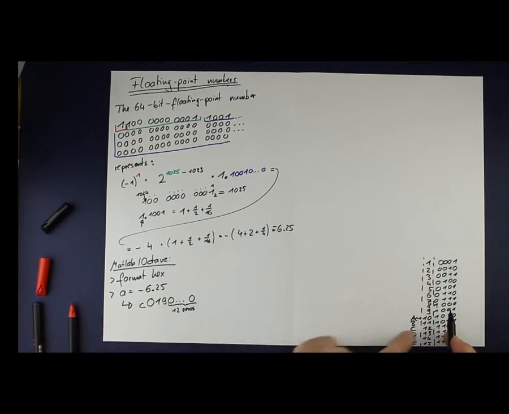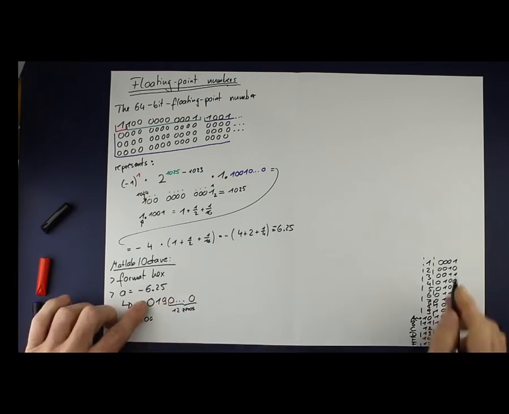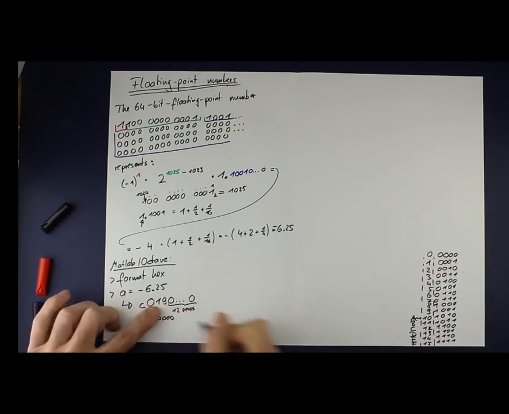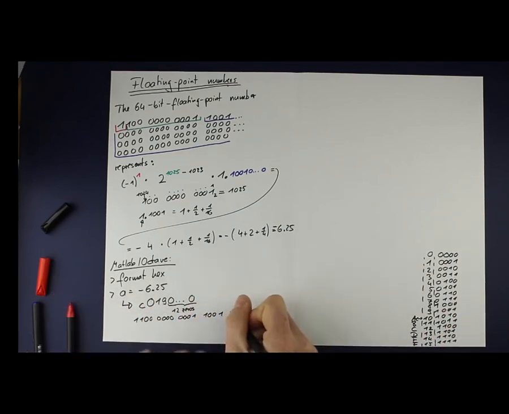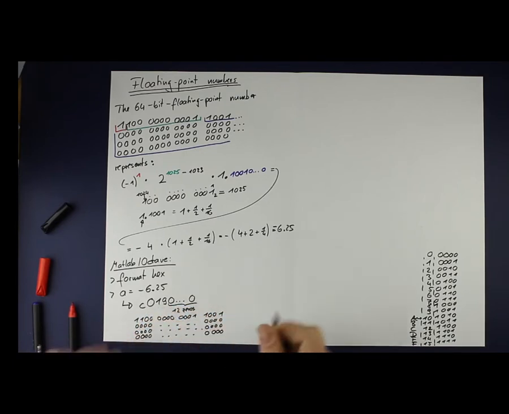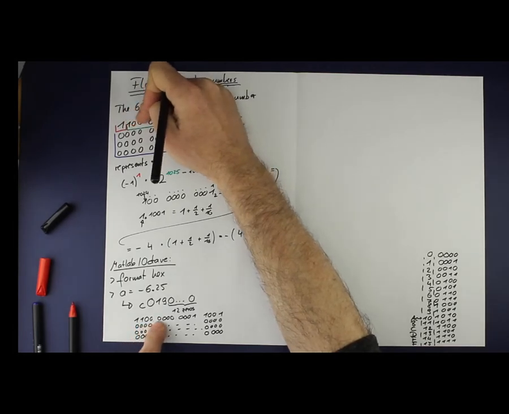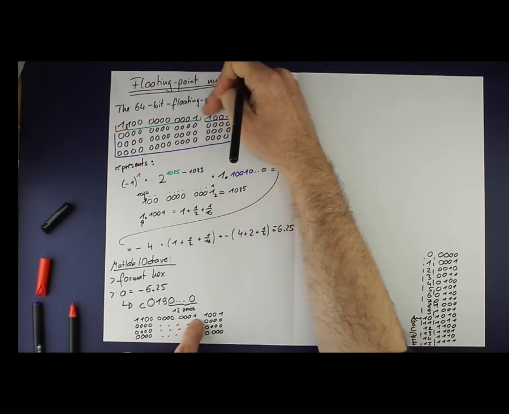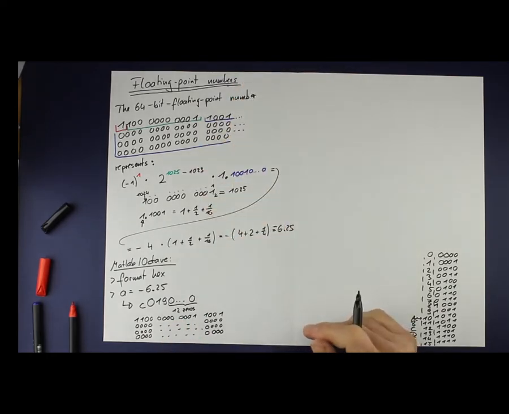So with the help of this list, we can interpret this number. C is 1100. 0 is, of course, 1 is, and 9 is. And now a lot of zeros. And now let's compare that. 1 1 0 0 0 0 0 1 1 0 0 1 and zeros following.